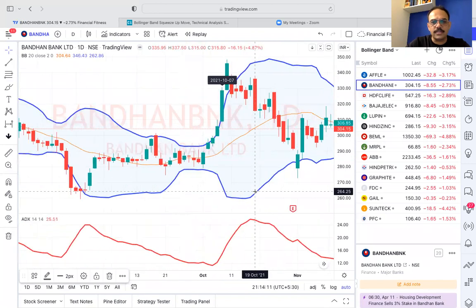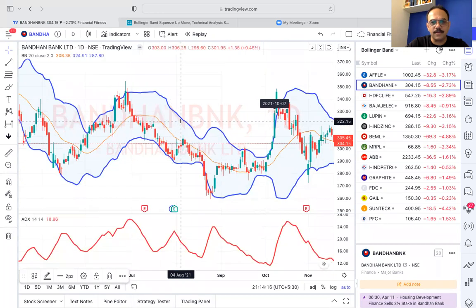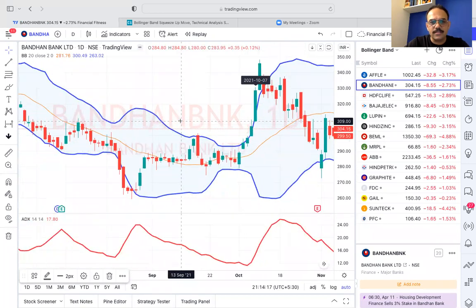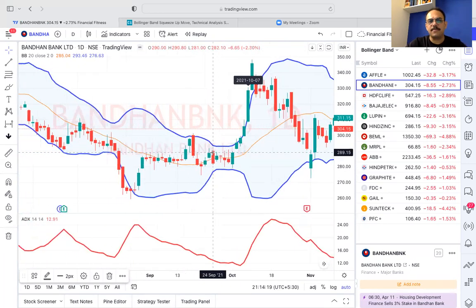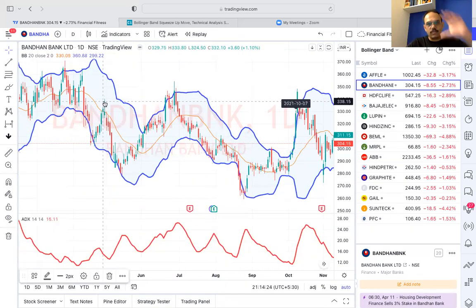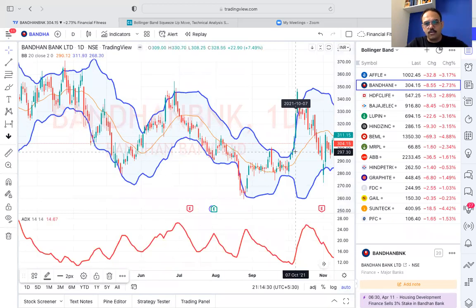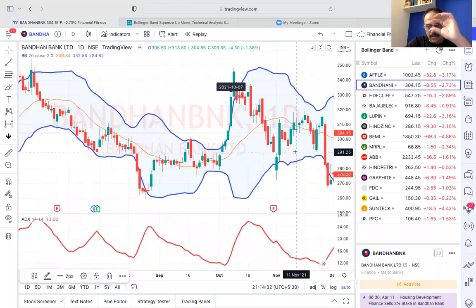So see, this is another example of the squeeze. The price came down. As you can see, this is the lowest area in the last 200 days. See, it was pretty far away, and this is the closest.